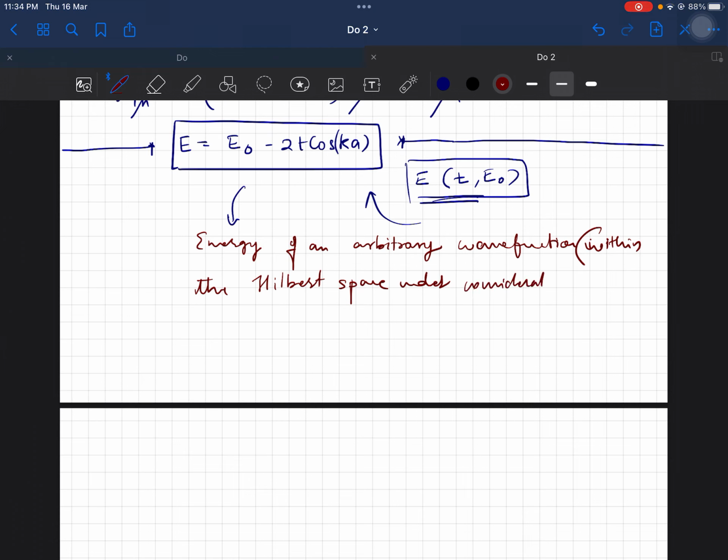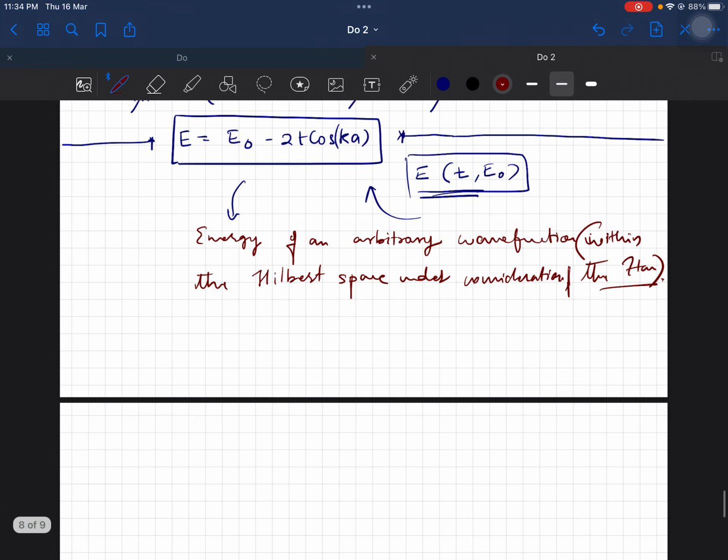Basically the Hamiltonian dictates everything.